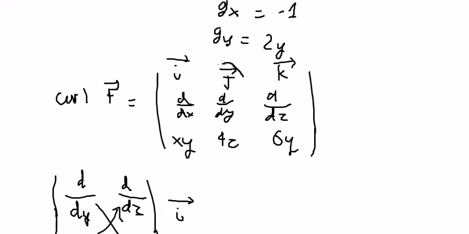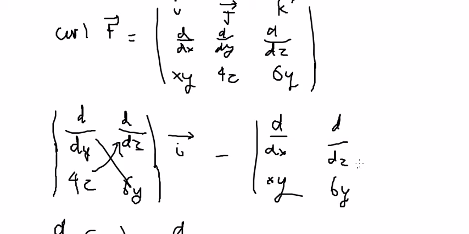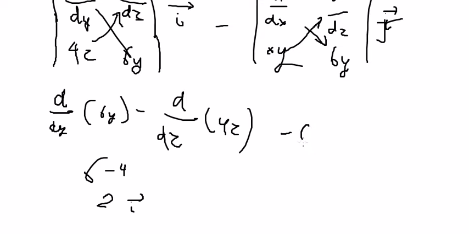Now let's go to vector j, because in this situation we have a negative in here. d over dx, d over dz, x, y, 6y. In this situation we don't have x for this one, and we don't have z for this one. So in this situation you get j, that's about negative number 0 in here.